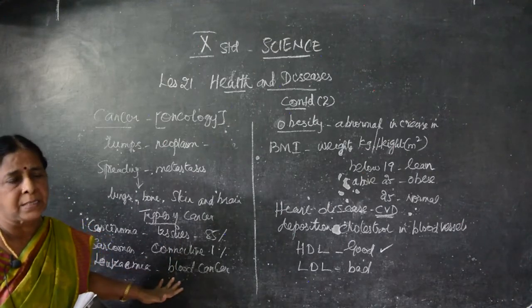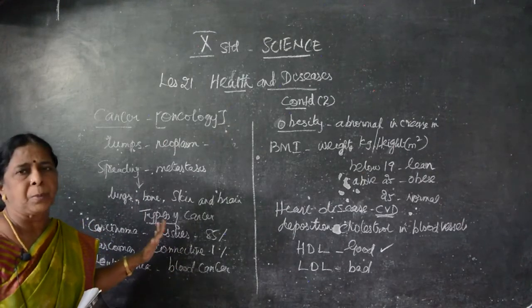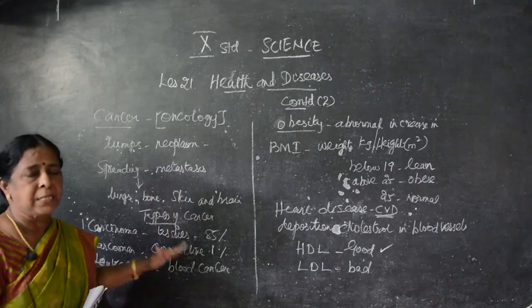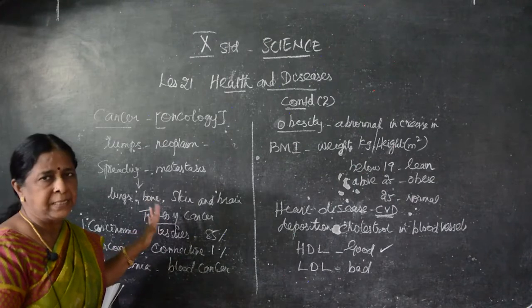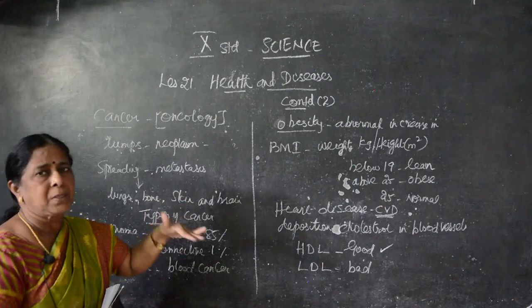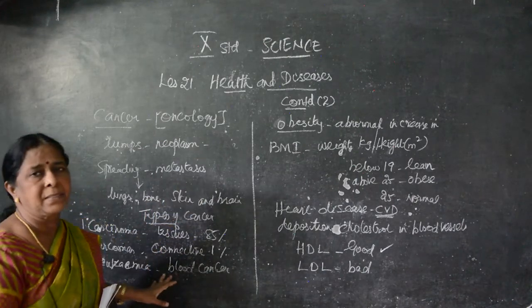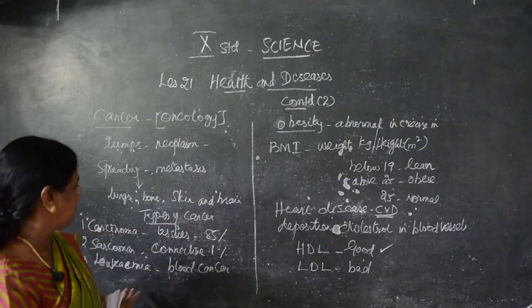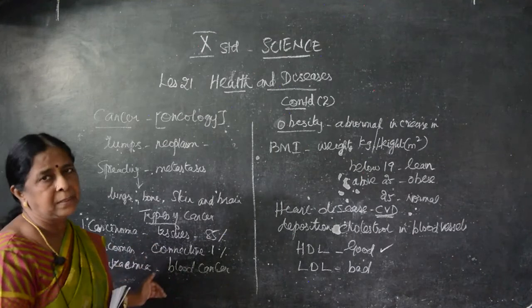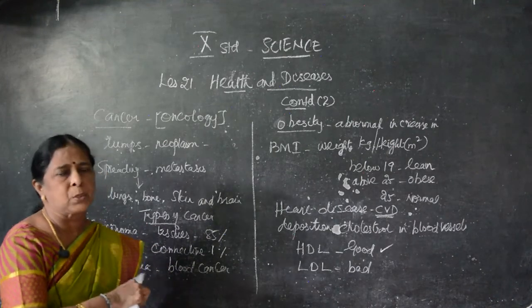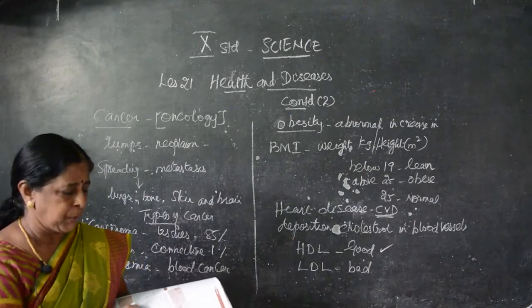Once blood cancer is found, because blood flows throughout our body, it spreads everywhere. Blood cancer has no cure so far. But carcinoma and sarcomas can be treated. Whether young or old, with blood cancer there is no chance of rescuing.